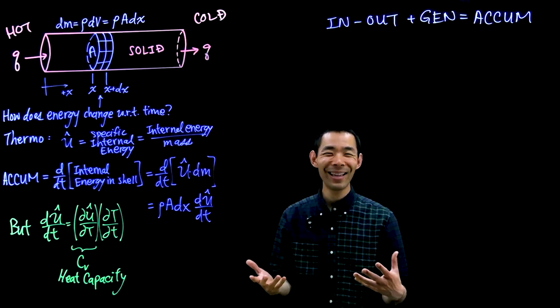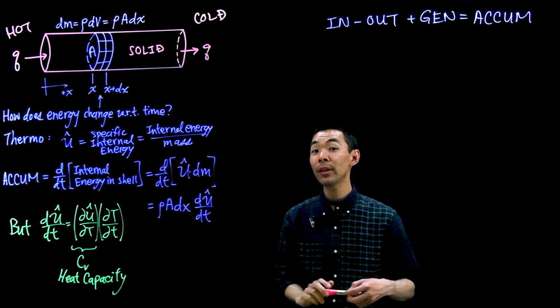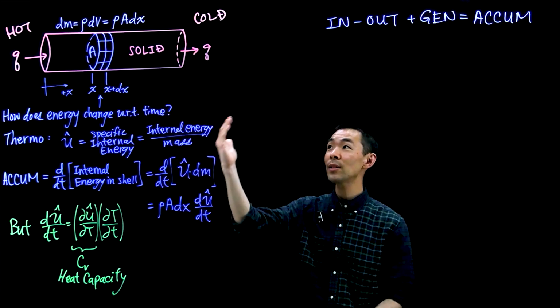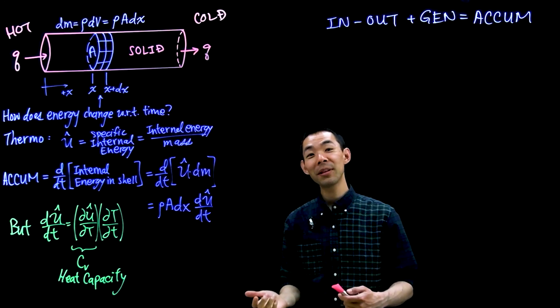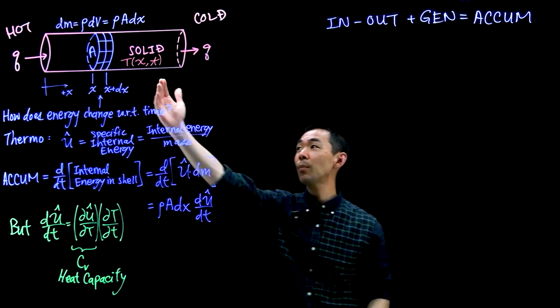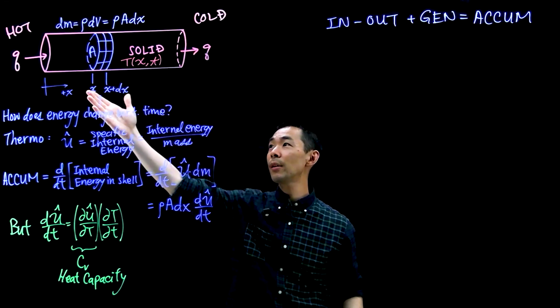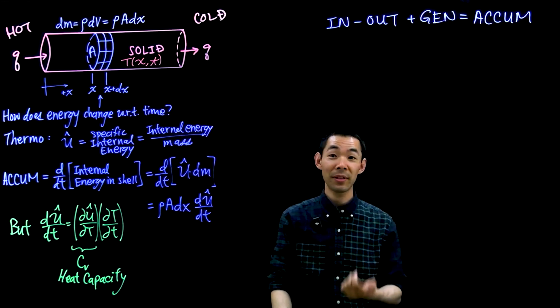Because ultimately, the goal of this whole exercise is we like to come up with an evolution equation that tells us the temperature inside the solid as a function of position and time. That's our ultimate goal. We want to come up with the temperature profile of this solid material when it's exposed to a hot and cold reservoir as a function of position and time.